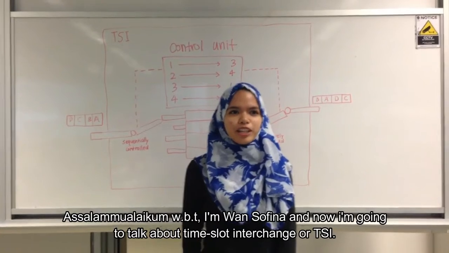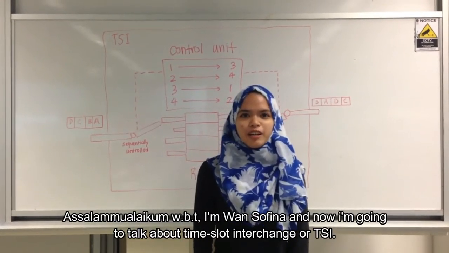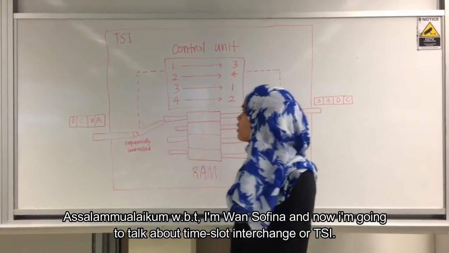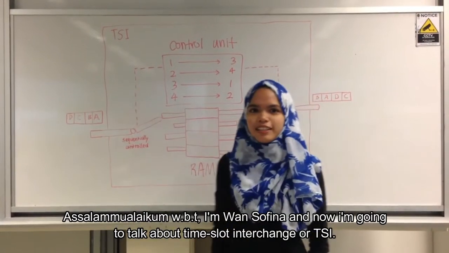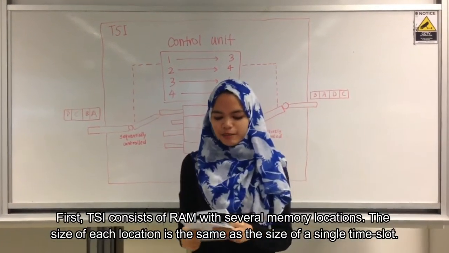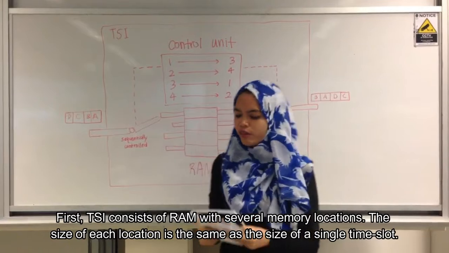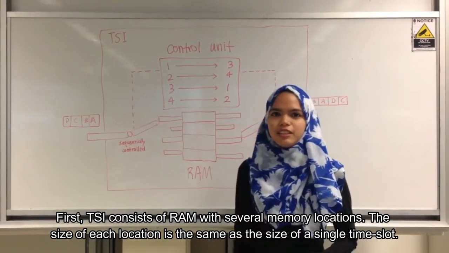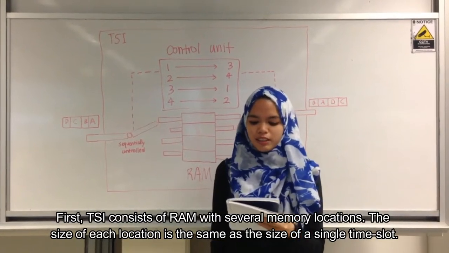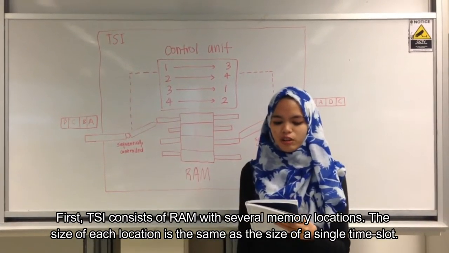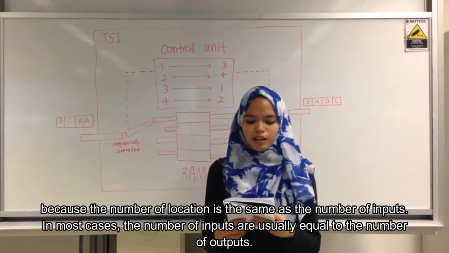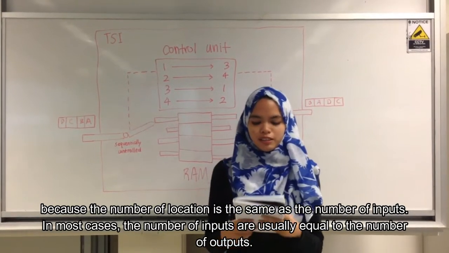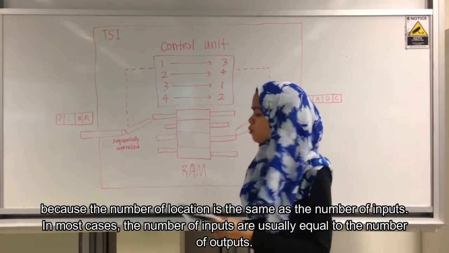Assalamualaikum warahmatullahi wabarakatuh. I'm Wan Sofina, and now I'm going to talk about time slot interchange, or TSI. Okay. First, TSI consists of RAM with several memory locations. The size of each location is the same as the size of a single time slot, and the number of locations is the same as the number of inputs.